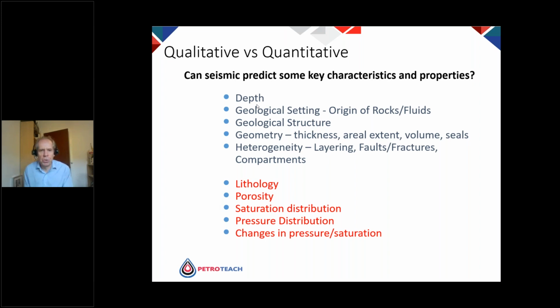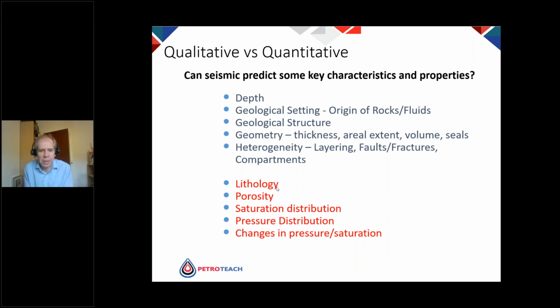Okay, and this is what we're talking about with reservoir characterization. So can I get an idea of the lithology? Okay, I've got sand and shale, but where's the sand, where's the shale in my reservoir? Can I calculate porosities? Can I see porosities? Can I look at saturation? Where are the fluids and what are the fluids?